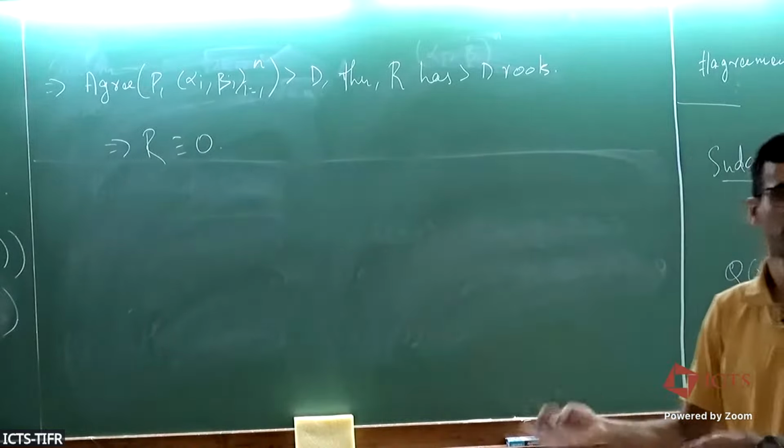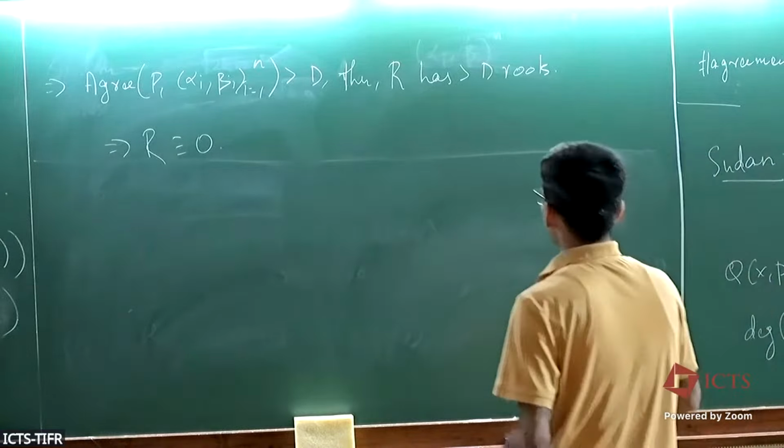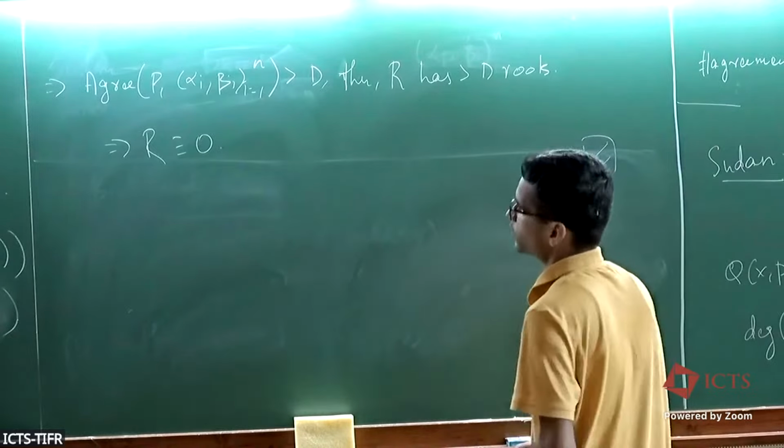It's exactly the same argument as Berlekamp-Welch. Great. So that completes the analysis of Sudan's algorithm.